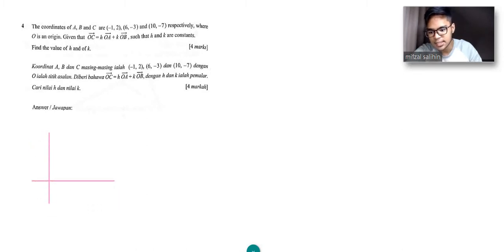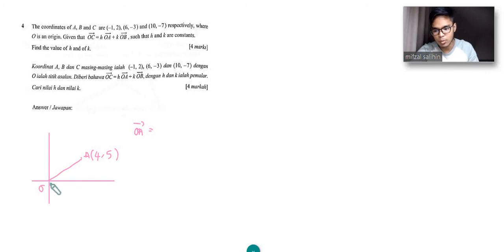Let's say this point is the origin, and the coordinates of A are (4, 5). From here we can find the vector OA. The vector OA is how many steps you move to the right and how many steps you move outwards.